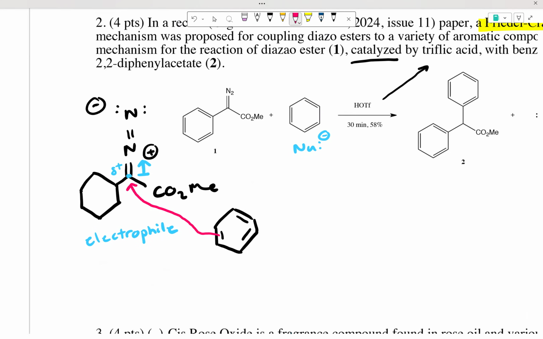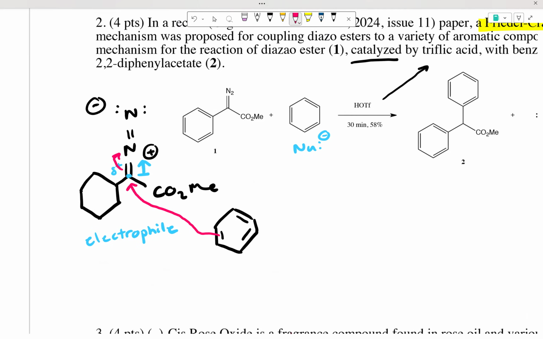It has the ability, because of these pi bonds, to donate one pair of its pi bonds to another molecule to form a bond. But when we push this electron pair to the carbon, this carbon is going to have 1, 2, 3, 4, 5 bonds. And that's more bonds than carbon wants. So the carbon in turn is going to push electrons from the double bond with nitrogen up to the nitrogen, which, as we've said before, is more electronegative than carbon. So it would accept the electrons being given to it.